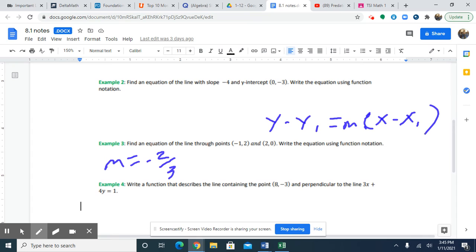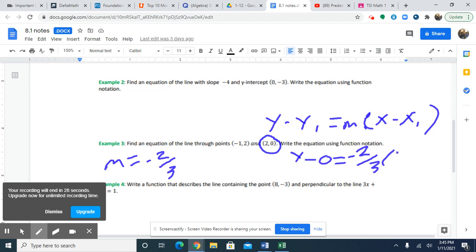If we know the slope and a point on the graph, then we can plug it into this formula to find the equation. So I would want to use 2 and 0. We could pick either one, but 2 and 0 makes it easier because we would have y minus 0 is equal to negative 2 over 3 times x minus 2.